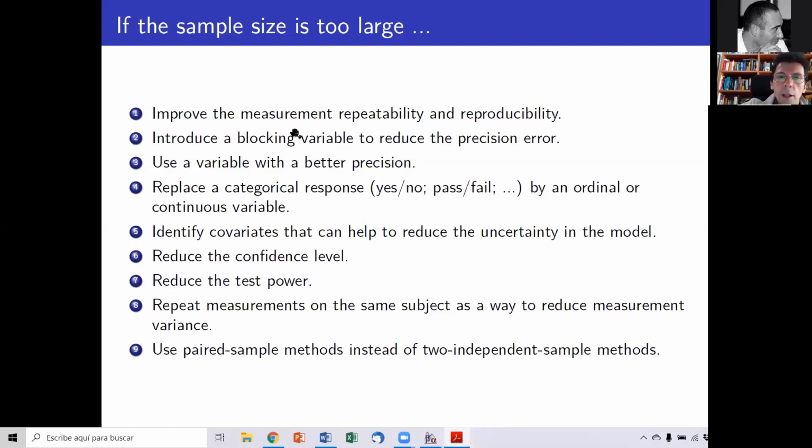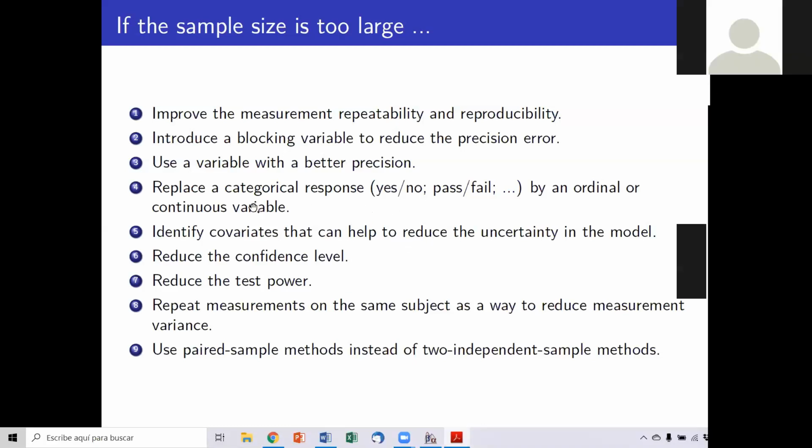If you can introduce blocking variables like the sex in the example of the blood pressure, you will also decrease the variability, and then you will decrease the sample size. If you can use a variable with better precision, in my example of metabolite 3 having less variability than metabolites 1 and 2, then you will also decrease the sample size.